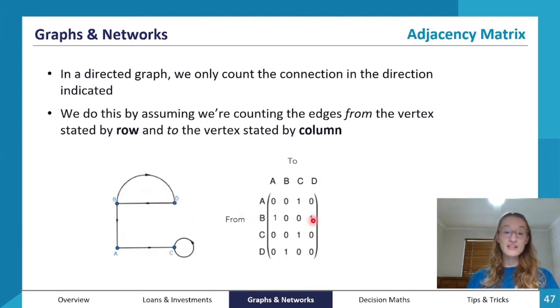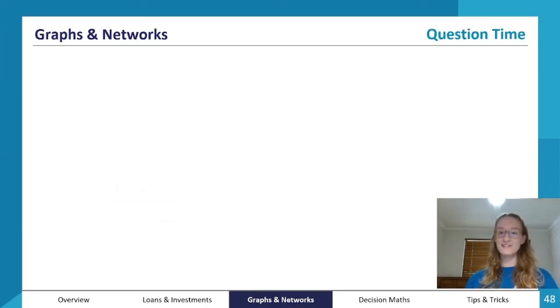So B to D is connected and D to B is also connected. So feel free to pause the video and have a look at some other of the numbers if you'd like to explore a little bit more how they work.